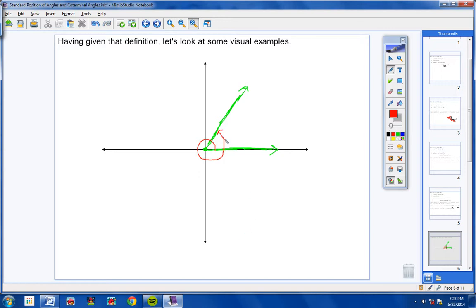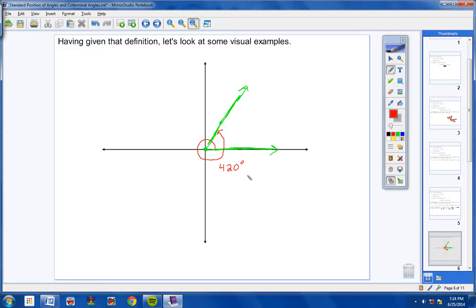Okay, well, that angle would be, well, we rotated around 360, and let's just pretend this little angle right here is 60 degrees. This little green angle right here is 60. So that means we rotated around 360 degrees plus 60 more. So we would call this angle 420 degrees.